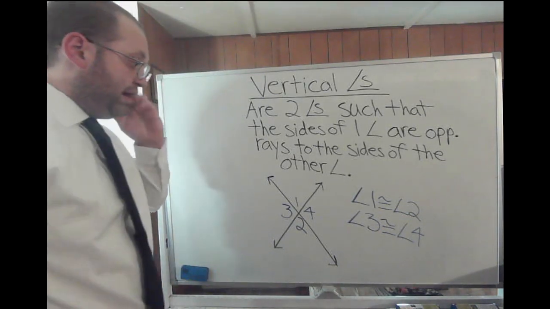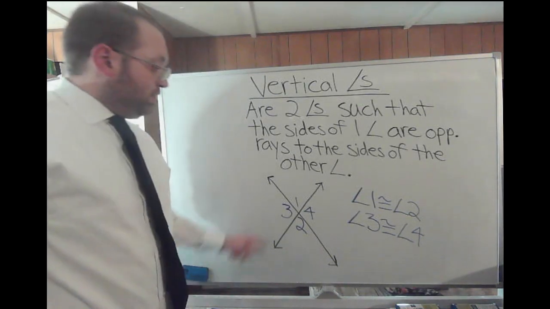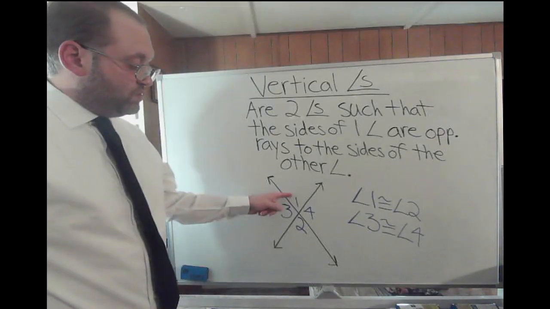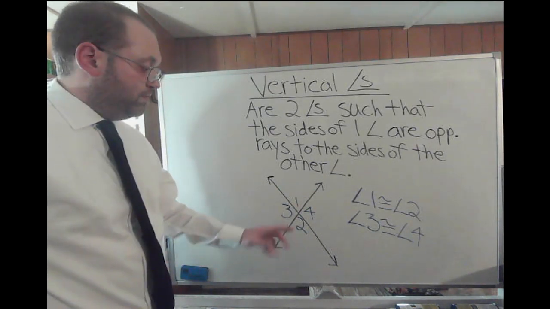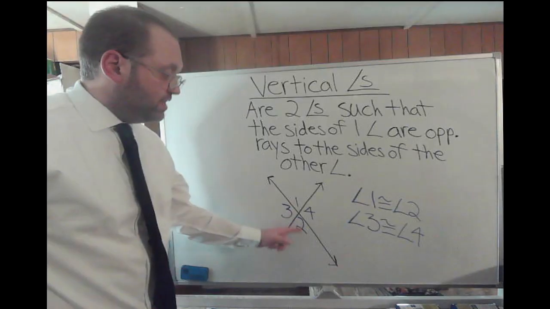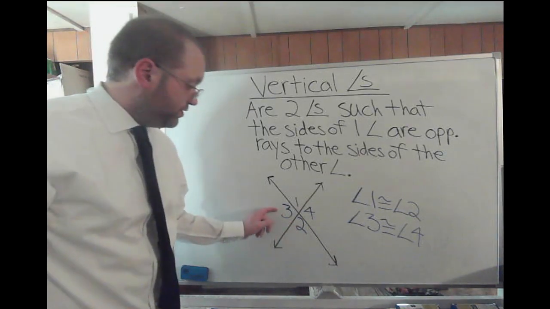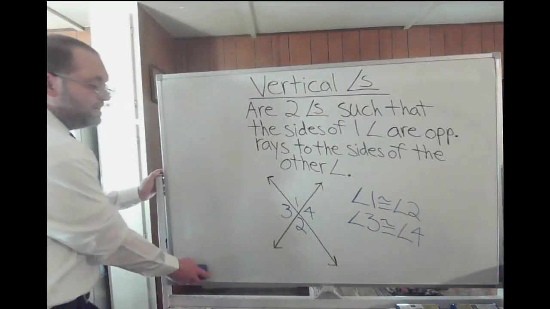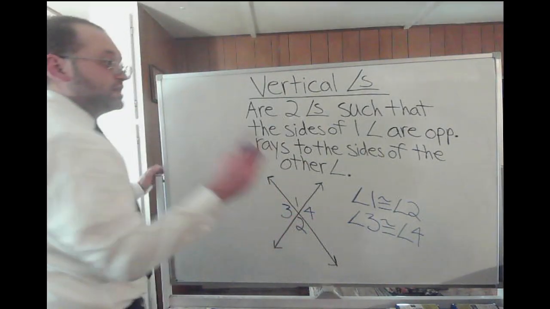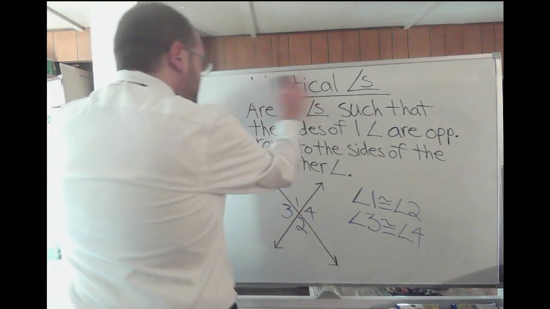There is a theorem about that, but when you do vertical angles, it's the one directly across from it, or diagonal from it. So angle 1 is congruent to angle 2. Angle 3 would be congruent to angle 4. Those opposite angles are considered vertical angles.